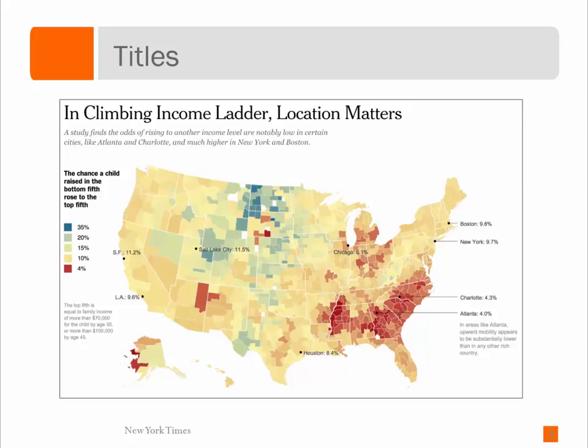If it's yellow, it's 10 to 15%, green 20%, blue 35%. So basically a third of that bottom 20%, if it's blue, rises to the top 20%. So basically, this is a map of rags to riches probability.